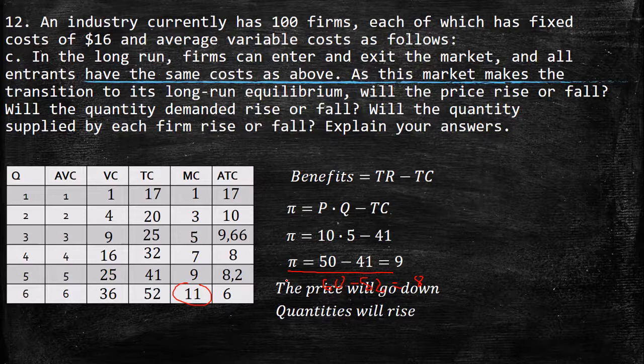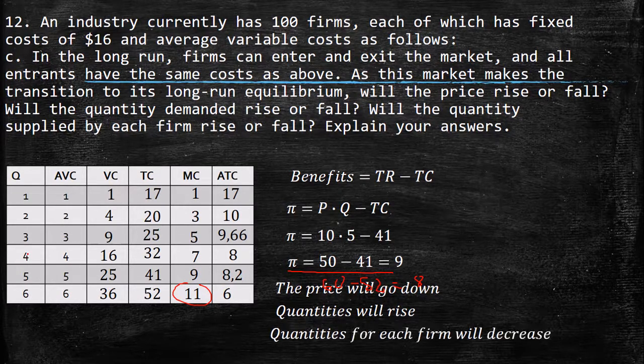Then quantities will rise because more companies are in the market, but definitely the quantity by each firm will decrease. Okay, because the price will be lower and each firm produces less. Then the quantity for each firm will decrease.